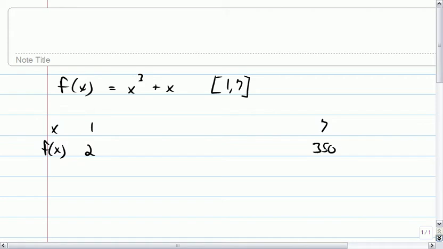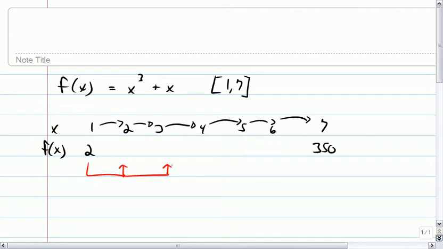Average rate of change just says every time x goes up by 1, 1 to 2, 2 to 3, 3 to 4, 4 to 5, 5 to 6, and 6 to 7, what do we want to add to the values every time as we move along? Like how much do we have to add, or how much do we have to subtract? In this case, we're going to add. On average, is there one number I could add every time? The answer is, I'll show you why, but it ends up being 58.